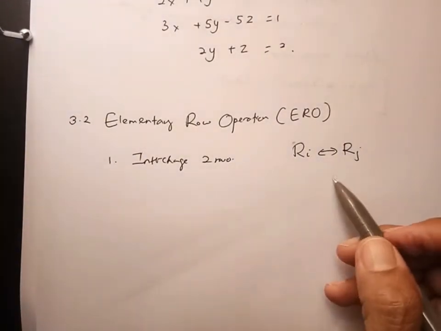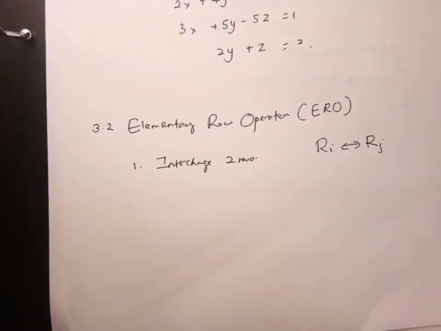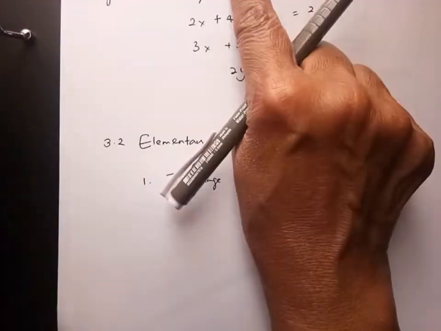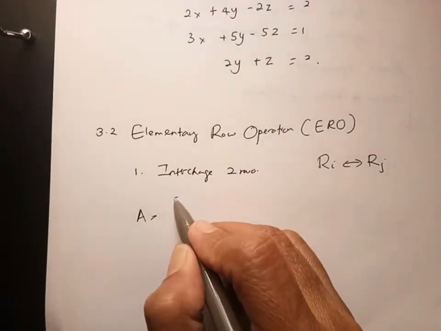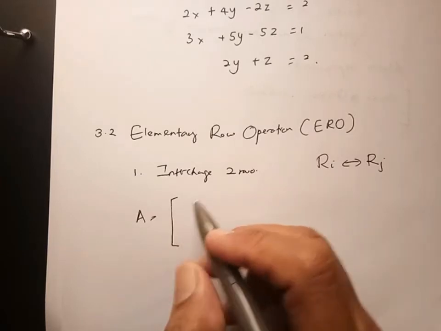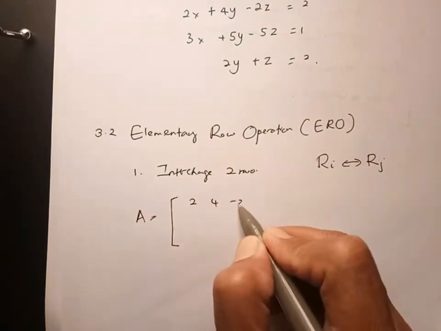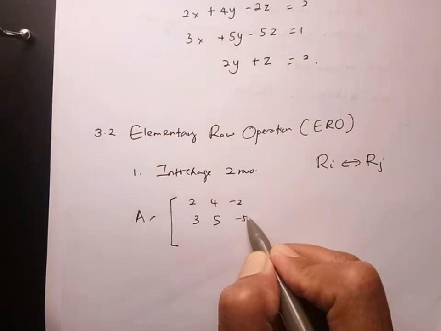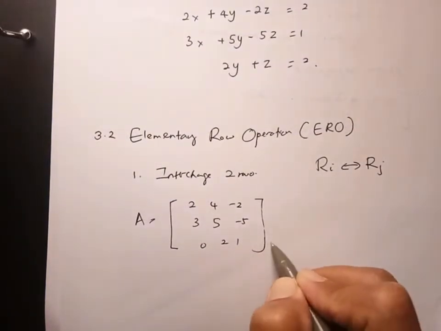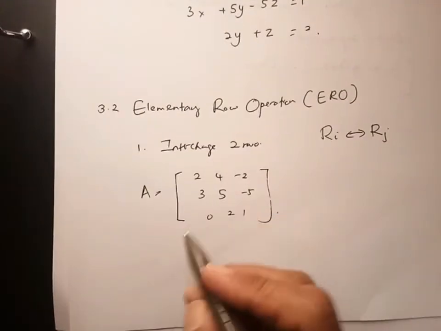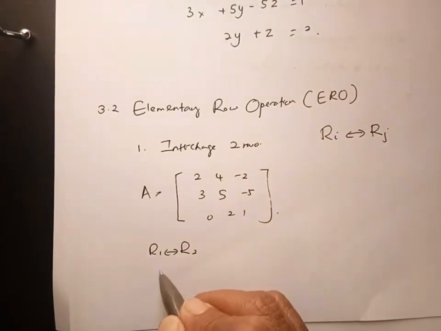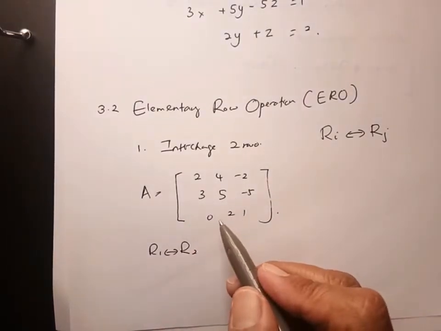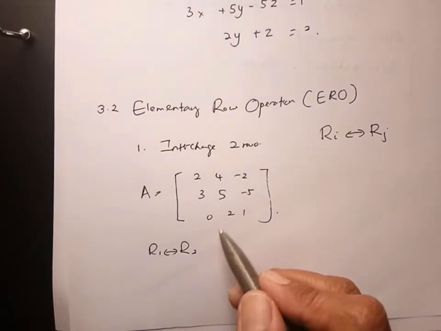For example, let's say matrix A here, we form the coefficient matrix as 2, 4, minus 2, 3, 5, minus 5, 0, 2, 1. If we interchange 2 rows, meaning we interchange row 1 with row 2, or row 3 with row 2, or row 1 with row 3, any possible rows we can interchange.